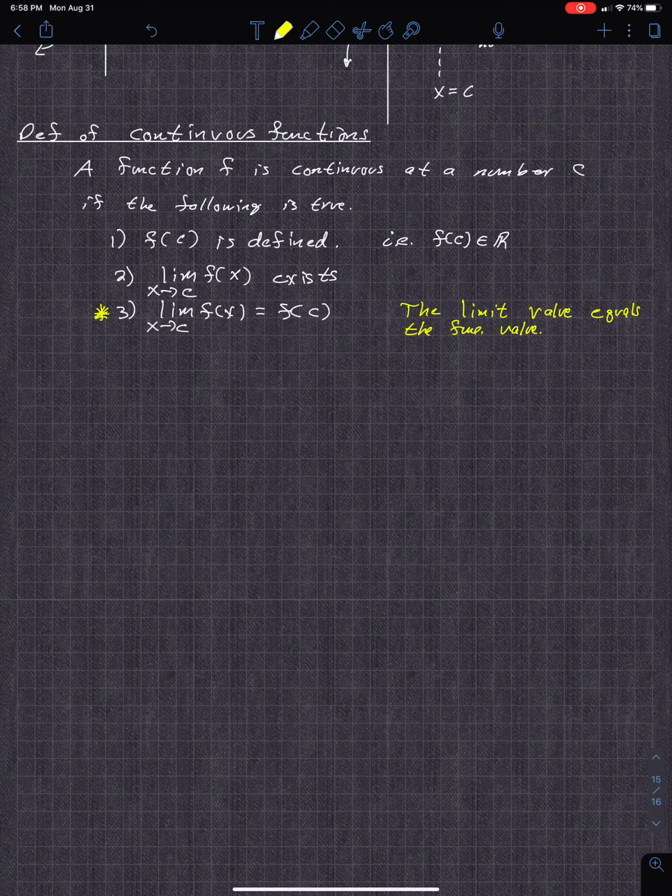So let me go ahead and state that. To verify continuity, we only need the third one. We only need 3. Okay, so let's look at a few examples and determine continuity.